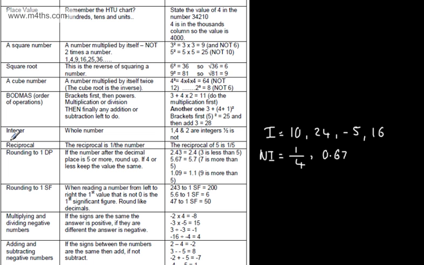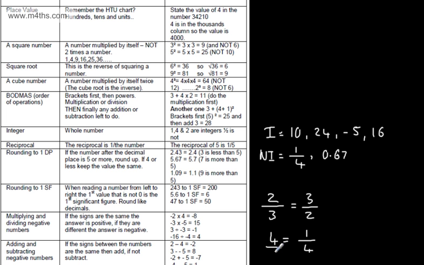Okay, a reciprocal. For a reciprocal, we simply invert the fraction. So the reciprocal of 2/3 is equal to 3/2. So when we invert, we turn it upside down. If you like, it's the number we need to multiply our number by to get 1. The reciprocal of 4 is going to be 1/4.